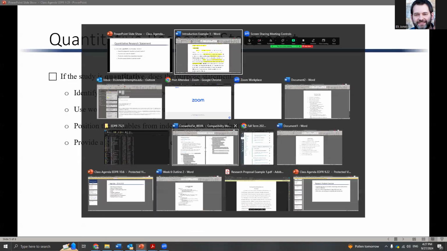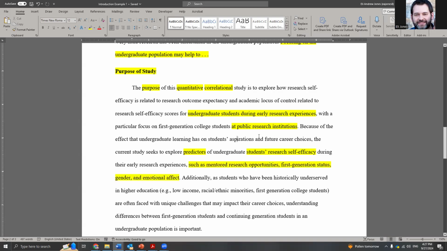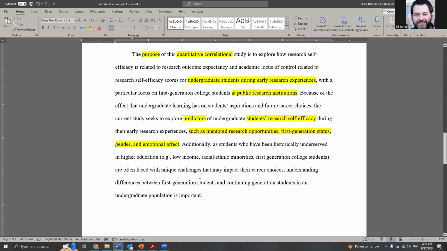General definition of each key variable. Well, I've talked about research self-efficacy above. First generation, I haven't talked about first generation, but I do say: students who have been historically underserved, low income, but first generation college students are often faced. So I kind of haven't done that. So maybe I need to, right?